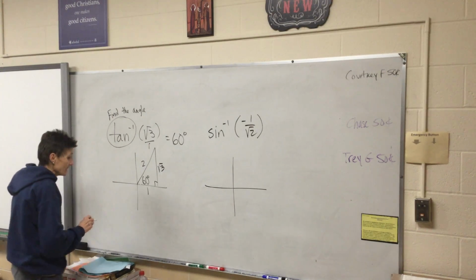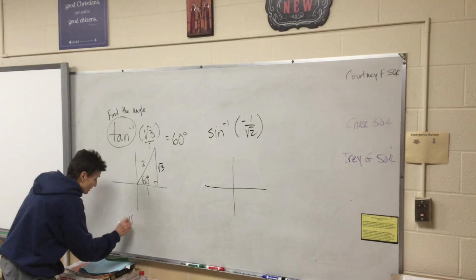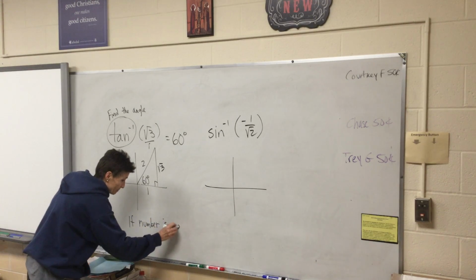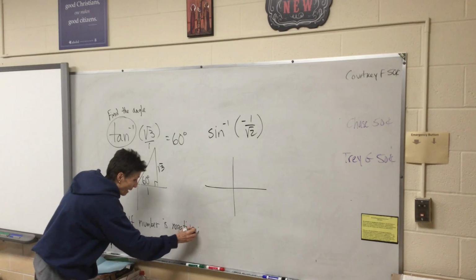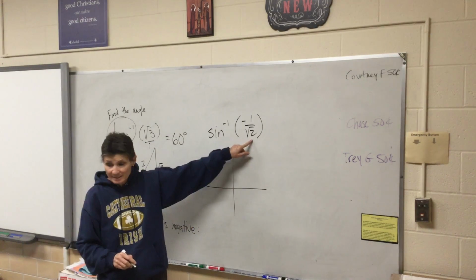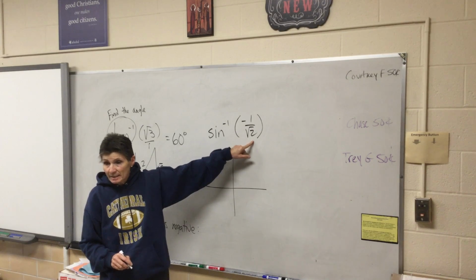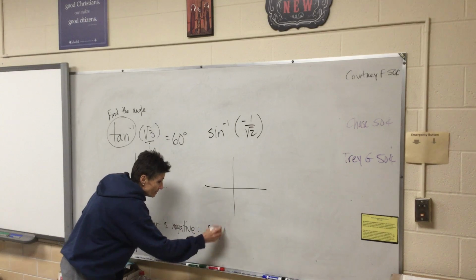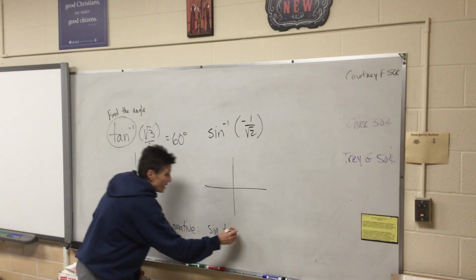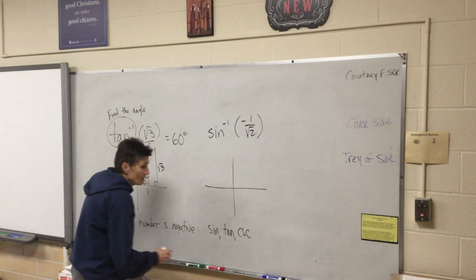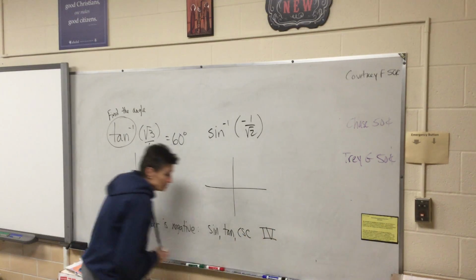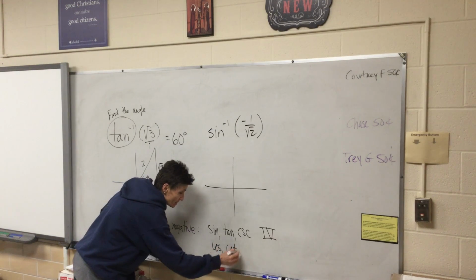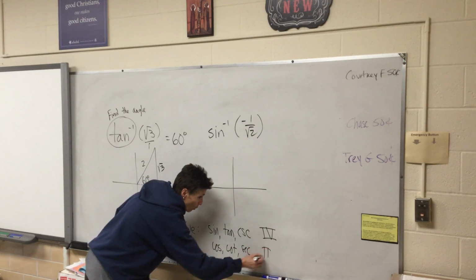If the number is negative, and by number, does everybody understand I'm talking about the number in the problem? If the number in the problem is negative, sine, tangent, and cosecant are in quadrant 4. Cosine, cotangent, and secant are in quadrant 2.